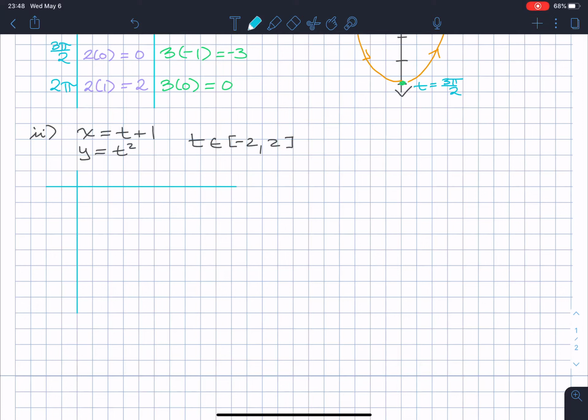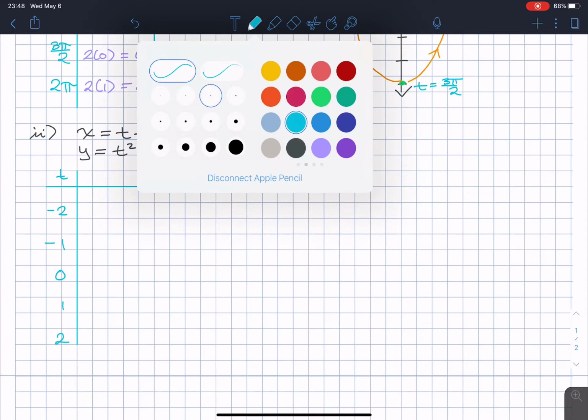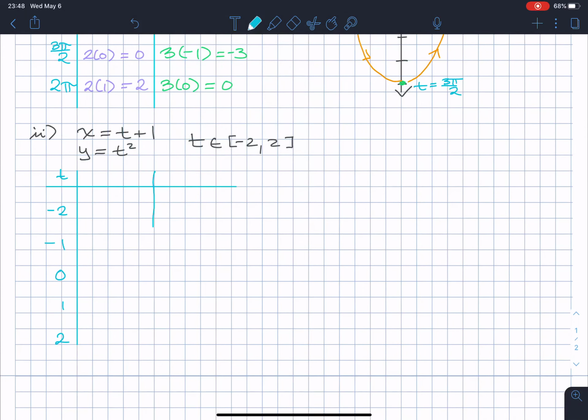So let's see, I'll have negative 2, negative 1, 0, 1, and positive 2. So this is how far down I'll go. Okay, so my values for x. So x is t plus 1.